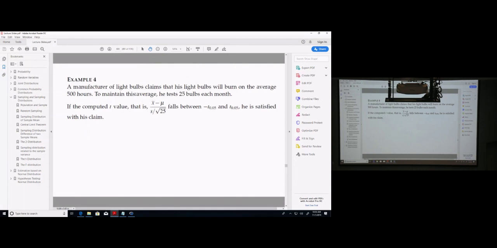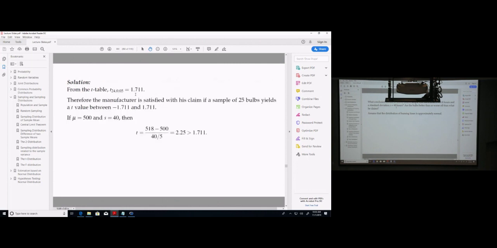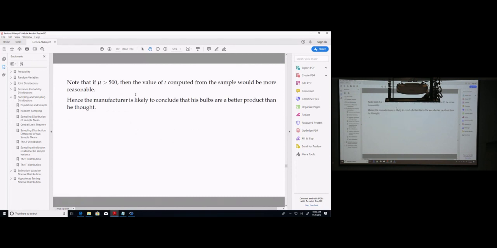So it is more than 500 hours. So this should be safe, at least from legal consequence. I mean, if you say the bulb is guaranteed to have 500 hours and on the average 518, you are safe. Okay, but of course it might affect the sale, and the bulbs burn longer, so you can't sell as many. So this is the situation.